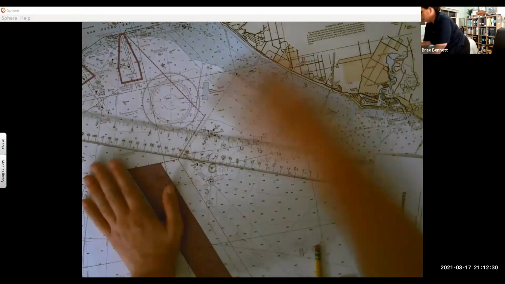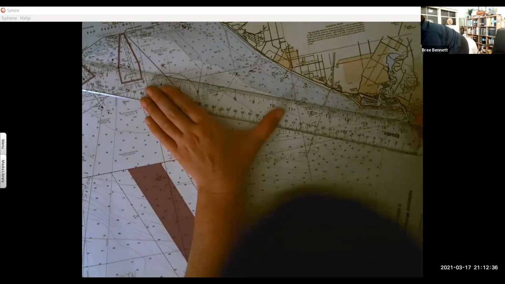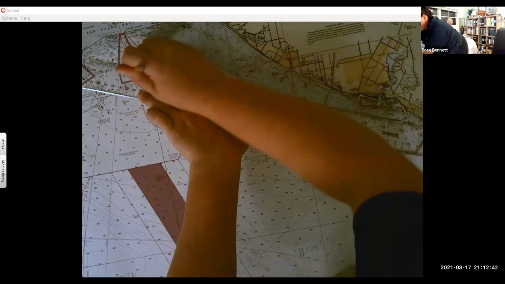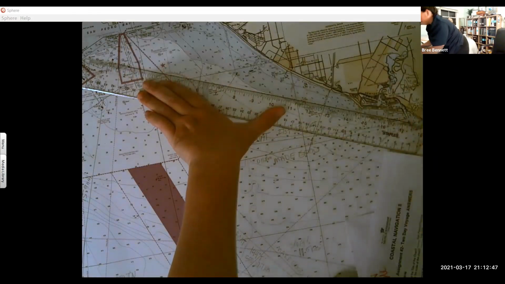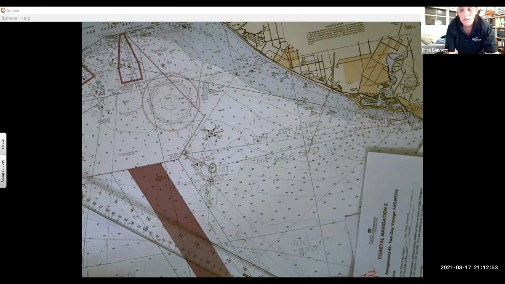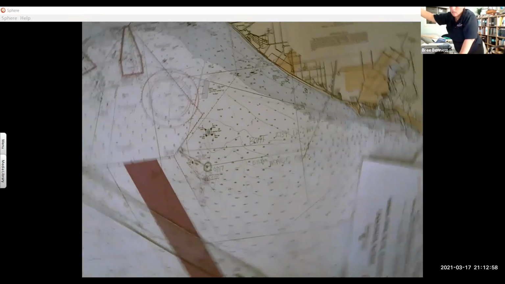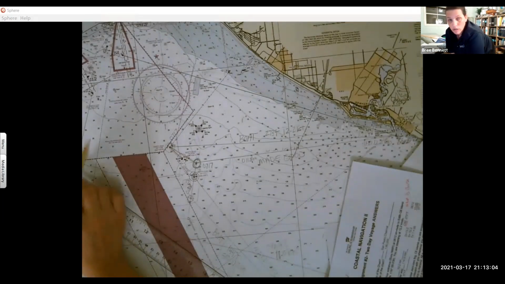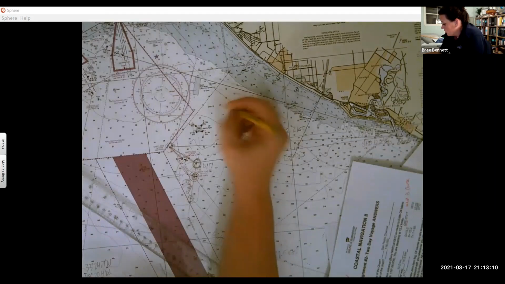Okay, the line that I just drew from Long Beach to Newport is the line that I want to make good.